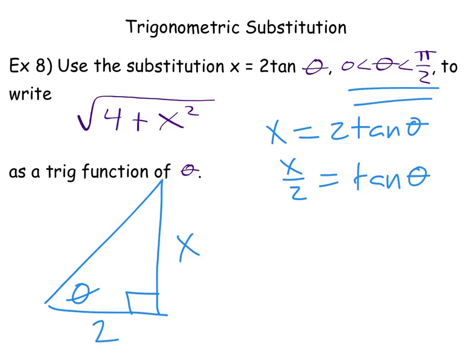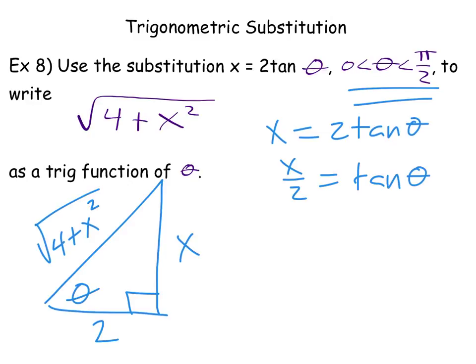This adjacent side is 2. And that would mean the hypotenuse would be the square root of 2 squared plus x squared. And wouldn't you know, that expression that they gave us is the hypotenuse.